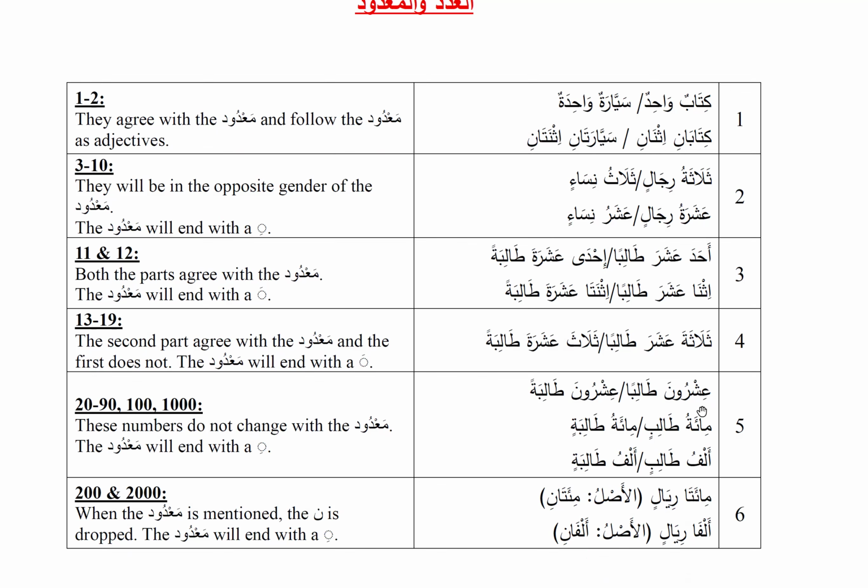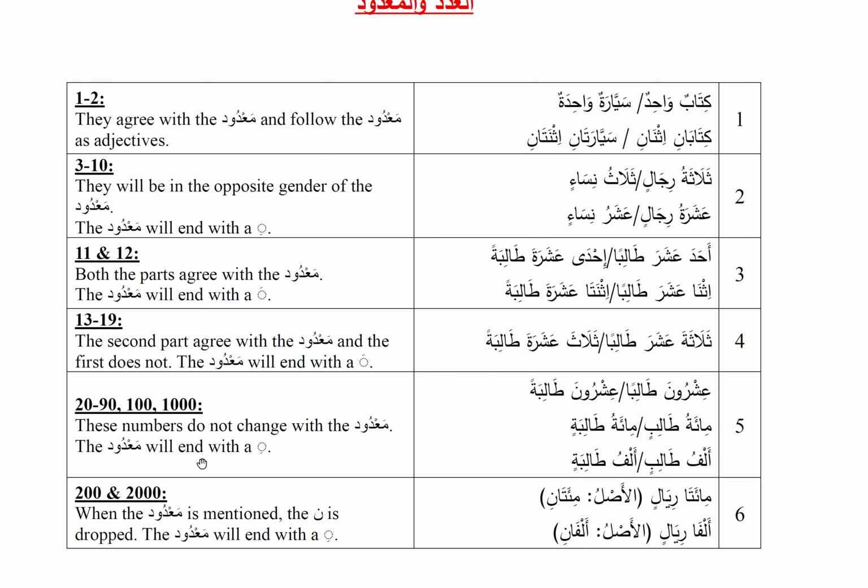Like for example here, 20 طالبا, 20 طالبة. The number is not going to change. Then when it comes to 100, we say مئة طالب, مئة طالبة. It stays the same. And 1000 will be ألف طالب, ألف طالبة.